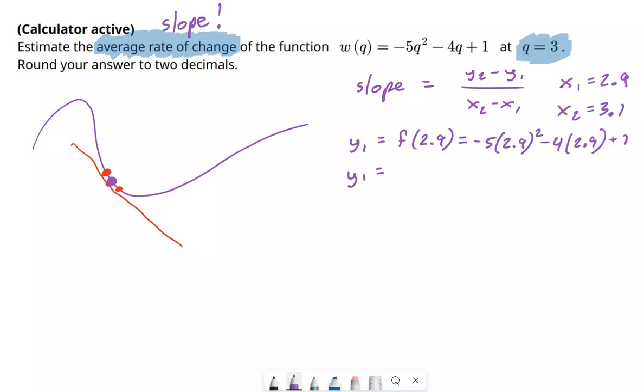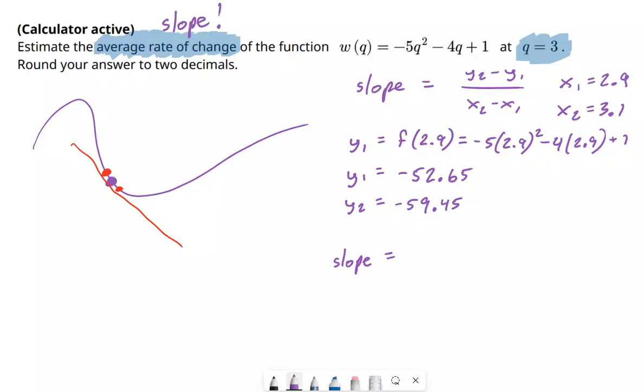And what I got was y1, the first point, located at x equals 2.9, equals negative 52.65. And you can run this through a calculator, and I think you'll find the same answer. And y2, according to the same method, would equal negative 59.45.